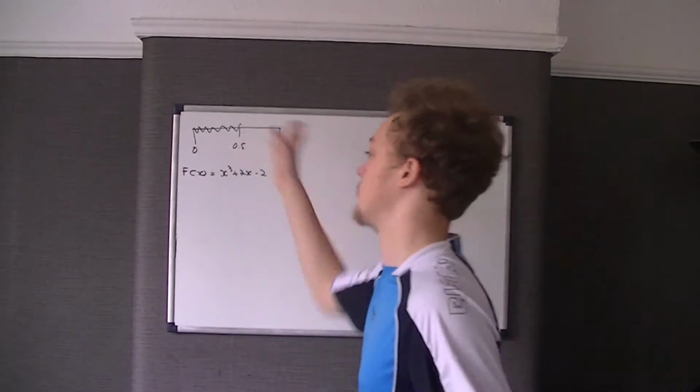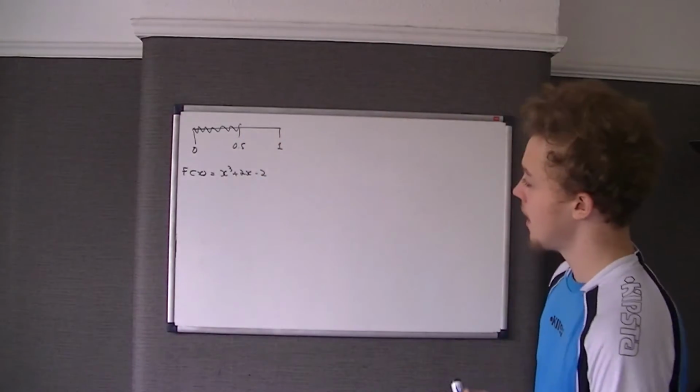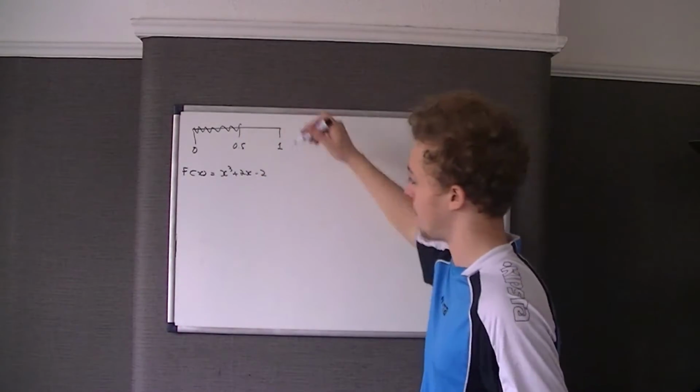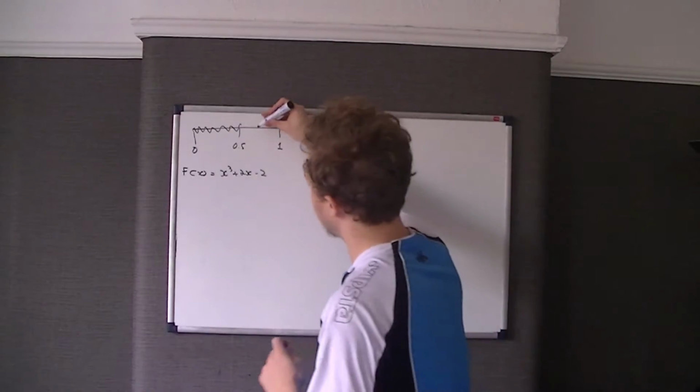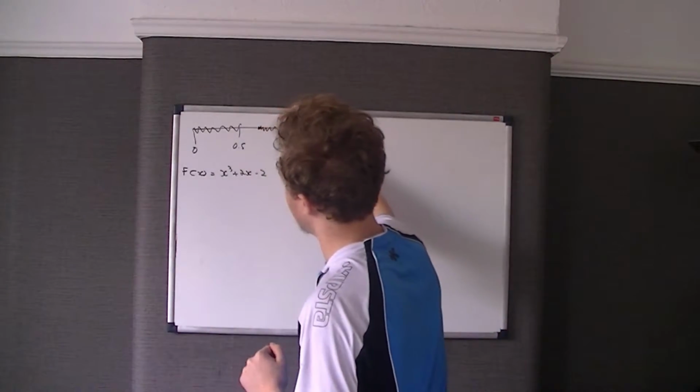Now you can go through really thoroughly if you want and do f of 0.001, f of 0.002 and go on and on, but you will find there's not a change of sign between 0 and 0.5. So therefore it must be between 0.5 and 1. And you keep halving the range until you can categorise a range which has a change of sign in it.